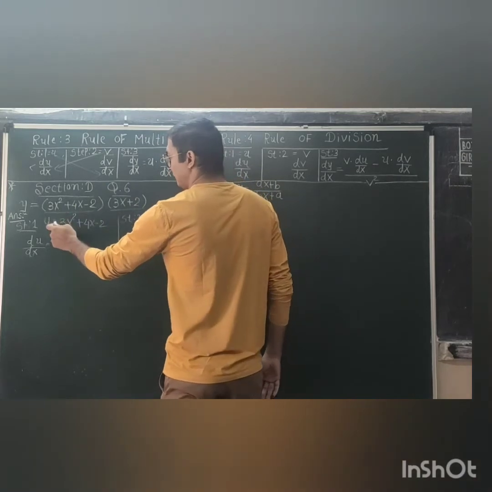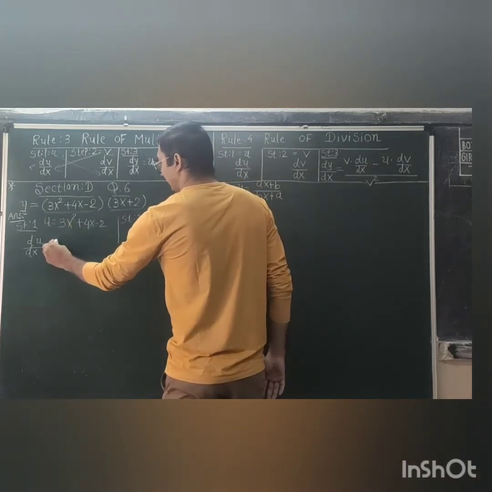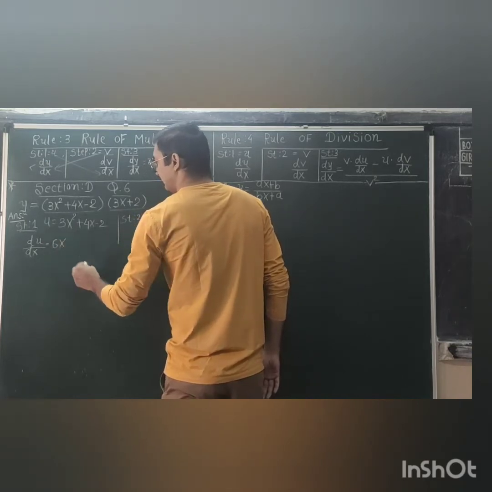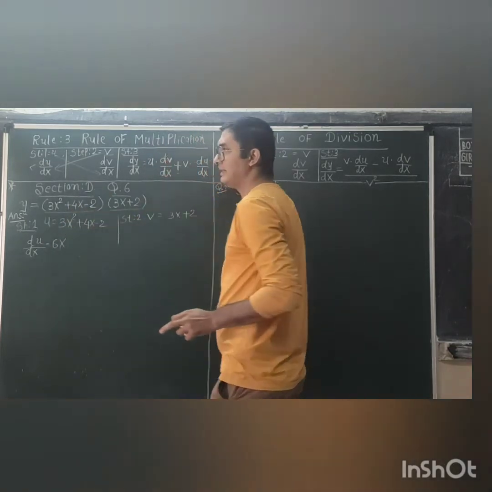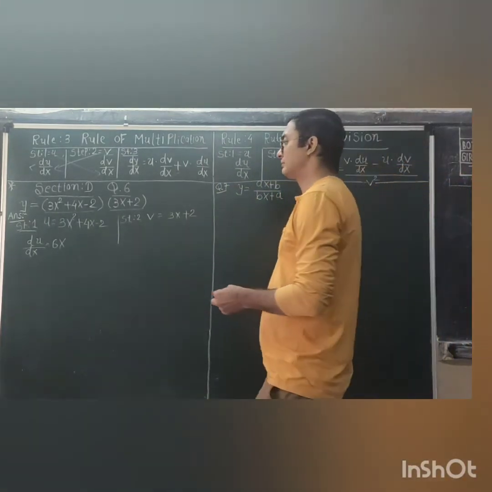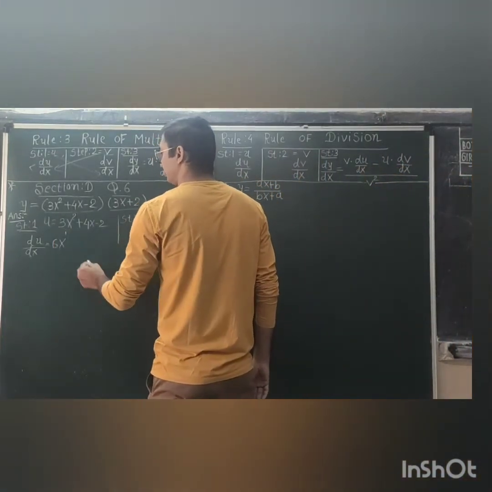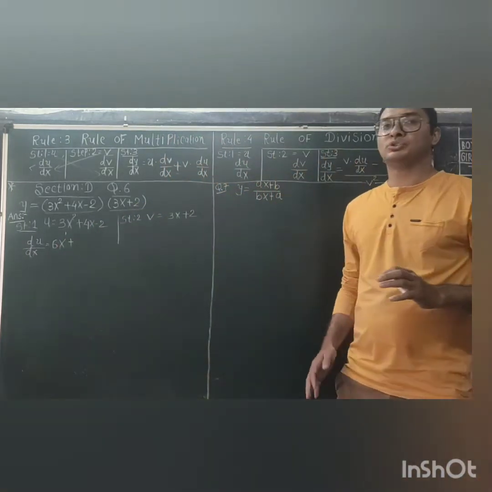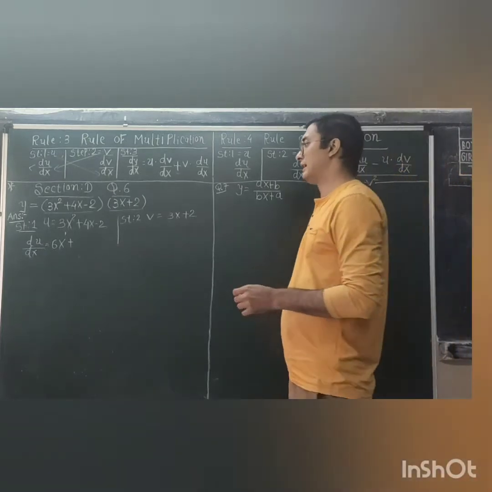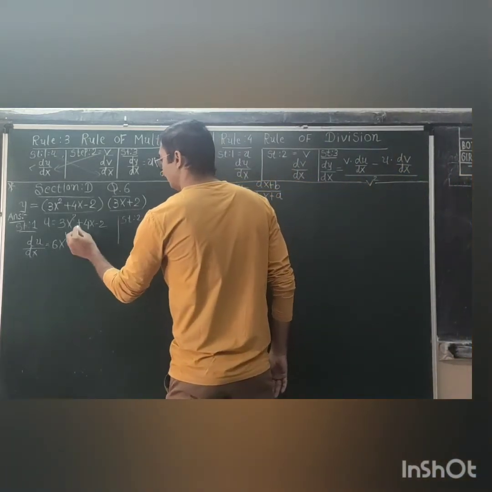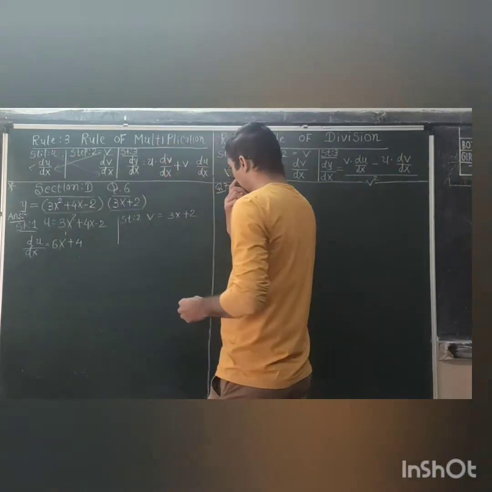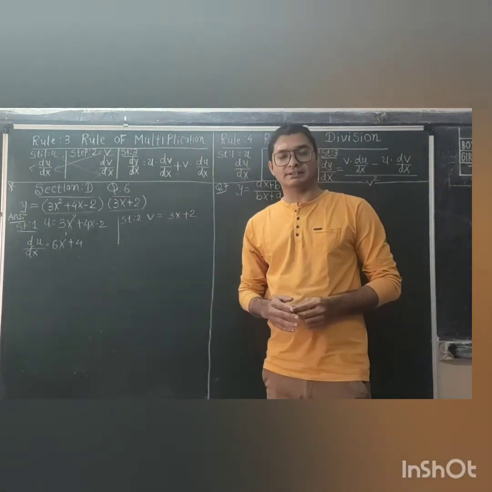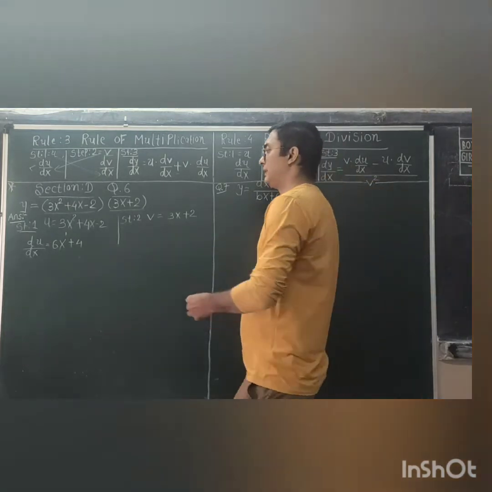So 2 multiplied with 3, I am directly writing the answer, 3 twos are 6. x raised to, here the power is 2, so 2 minus 1, that is 1. Plus, here there is only x, so instead of x we can write 1. So 4 ones are 4. But here there is no x at all, and so it becomes 0.